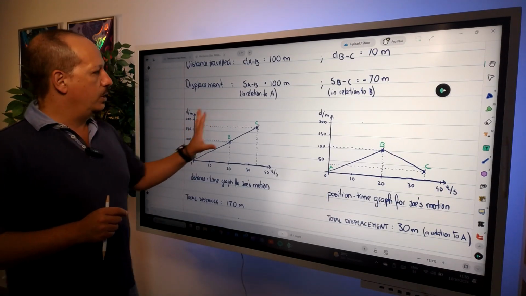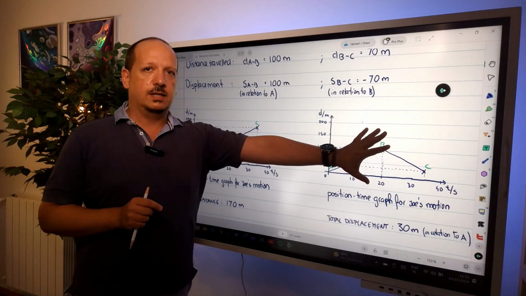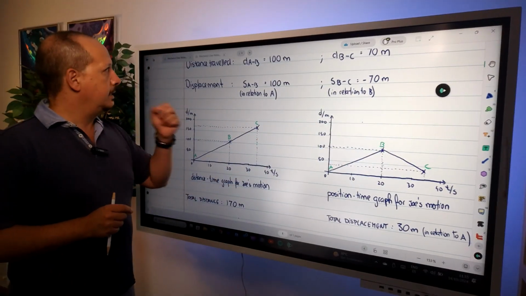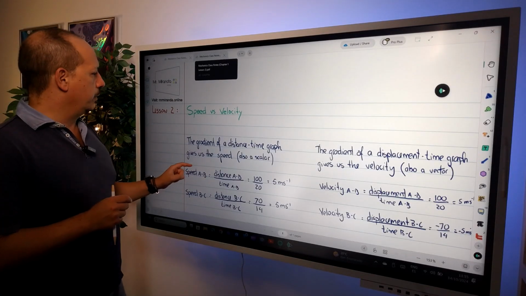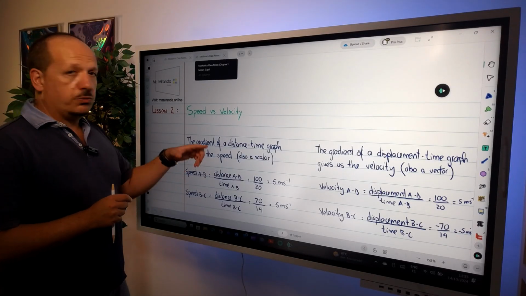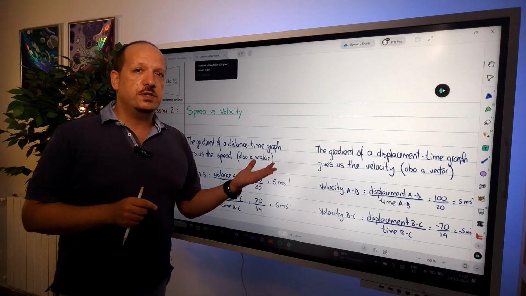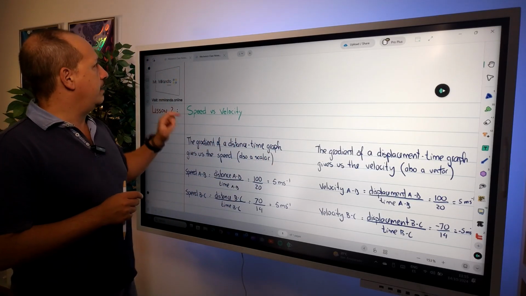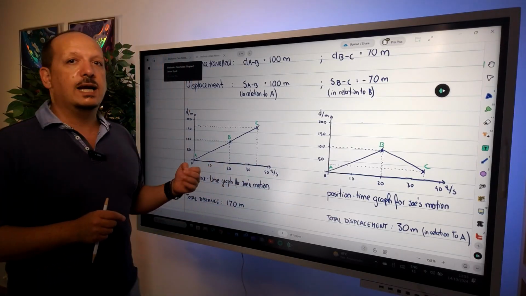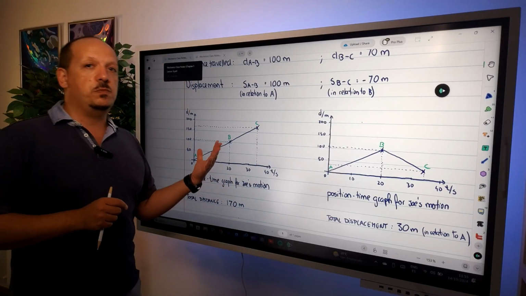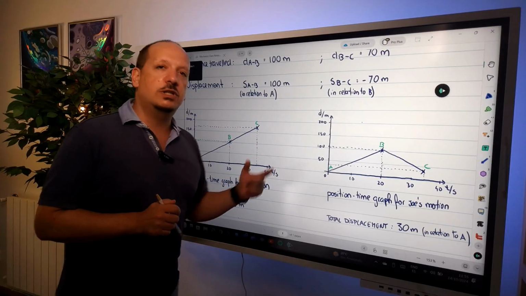And we are going to build on what we did last lesson to talk about speed and velocity and the difference between them. So what are we going to do here? First, we're going to remember what you learned in previous years: every time you have a distance-time graph or a displacement-time graph, you can get the value of the speed or the velocity from the gradient.